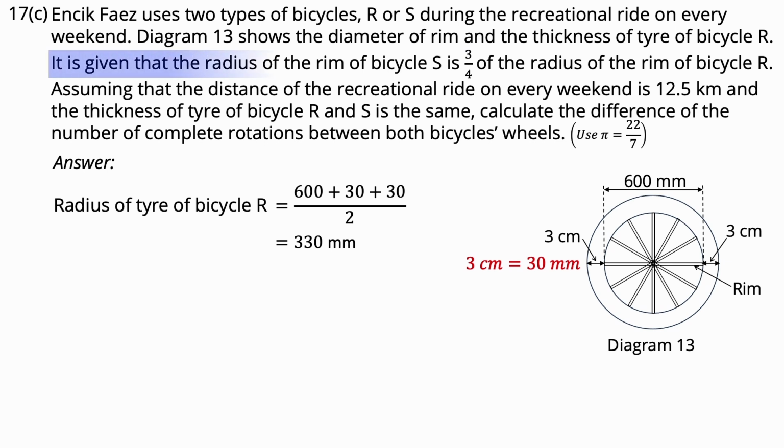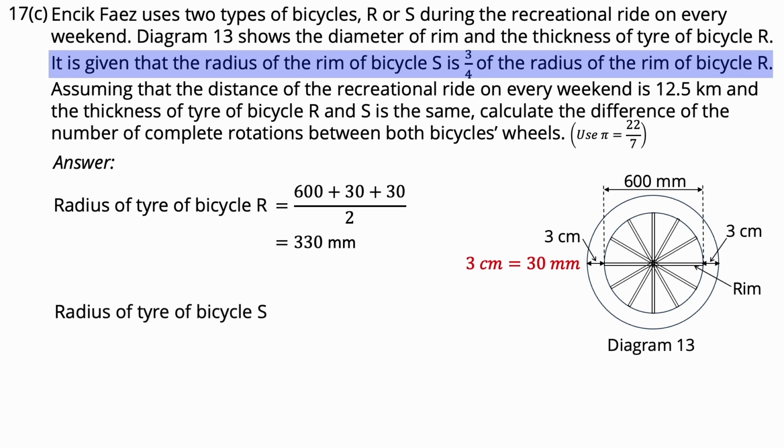It is given that the radius of the rim of bicycle S is 3/4 of the radius of the rim of bicycle R. The radius of the tire of bicycle S is 3/4 of (600 plus 30) divided by 2 equals 255 mm.